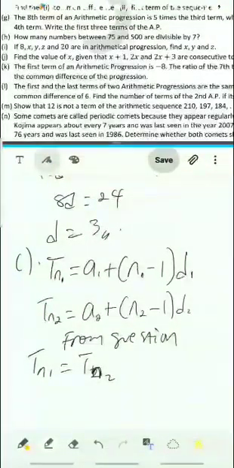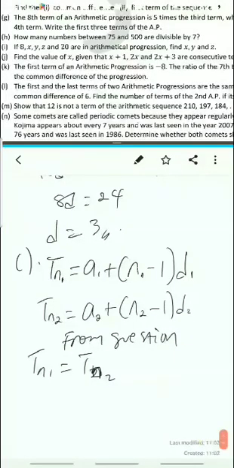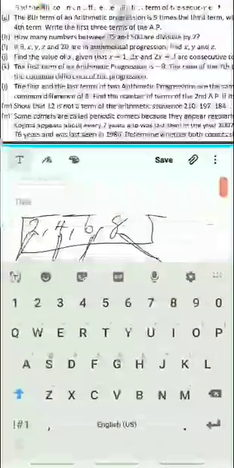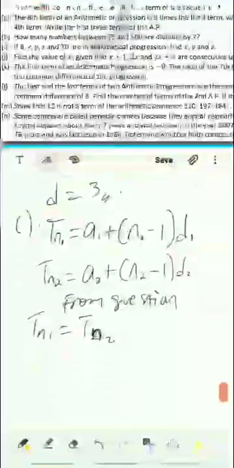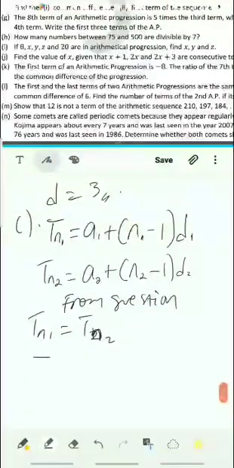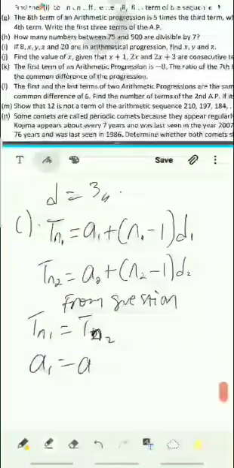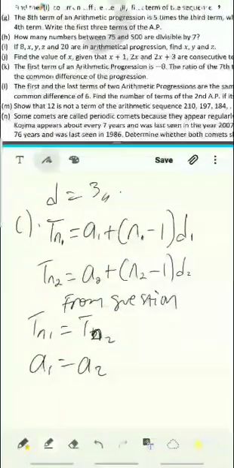And also, the first terms, A1 is equal to A2. This is the first term of the first sequence, this is the first term of the second sequence. This one is equal to this one. And then the last terms, Tn1 and Tn2, they are equal to each other from the question. Let's move on.